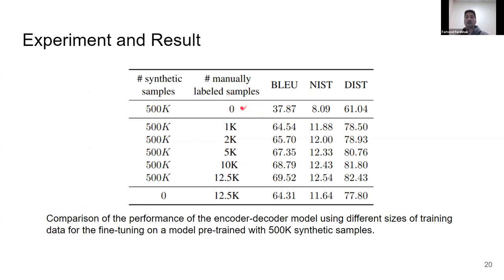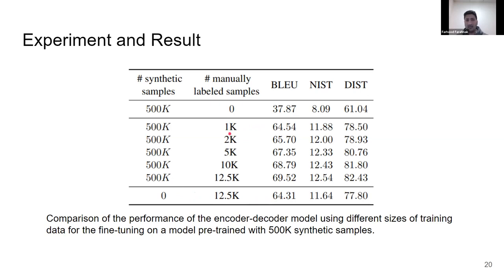First of all, if we do not fine-tune the model on the EWT data set, the performance is much lower, which means the distribution is far from EWT. But if we only train on 1,000 samples, we can achieve higher performance than training on all the samples without pre-training. That means pre-training helps us use far fewer samples for training.